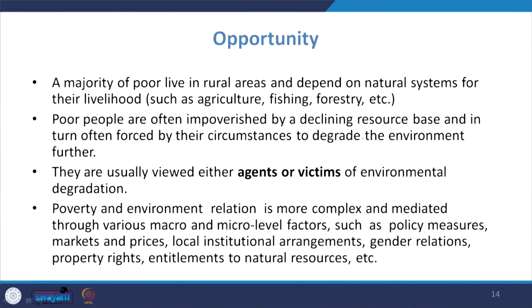So, poverty is, you can say, a complex issue in which a kind of cycle is established: high intensity of poverty may lead to environmental degradation and environmental degradation may lead to further poverty intensification.